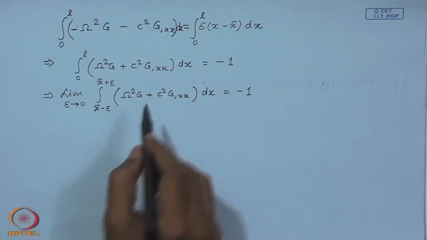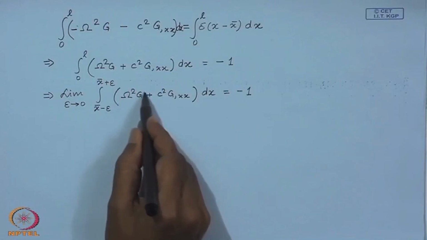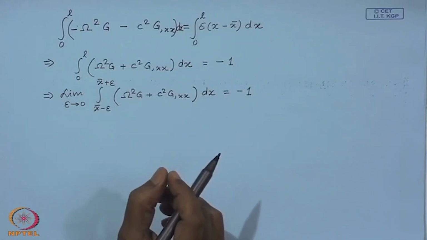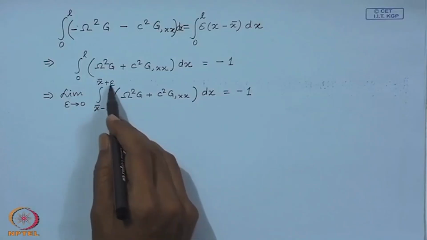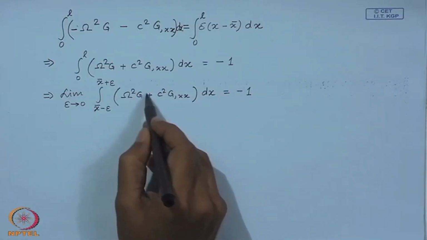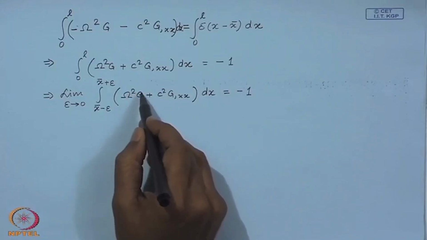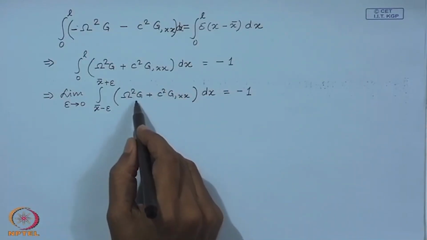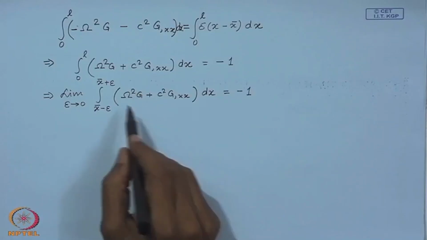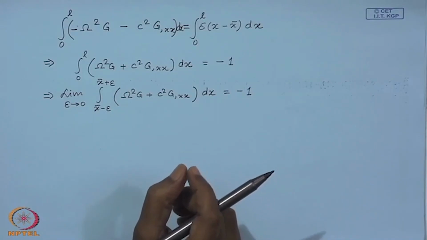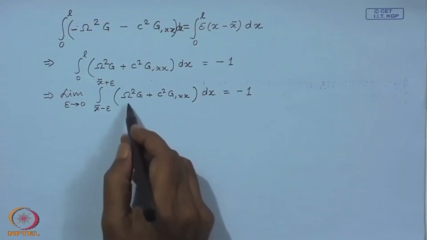You see, when this term is integrated over such a narrow region from x bar minus epsilon to x bar plus epsilon, since G is a continuous function, as we have already put the condition of continuity on G, the integral over a diminishing domain goes to 0.